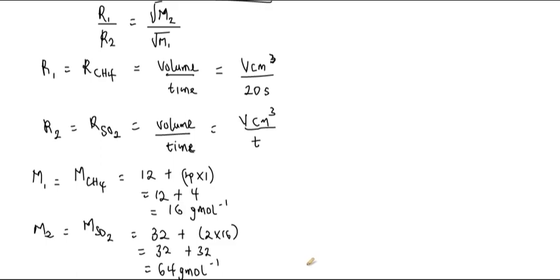The next thing to do is to substitute the values into the equation. From the formula, R1 over R2 is equal to the square root of M2 over the square root of M1.